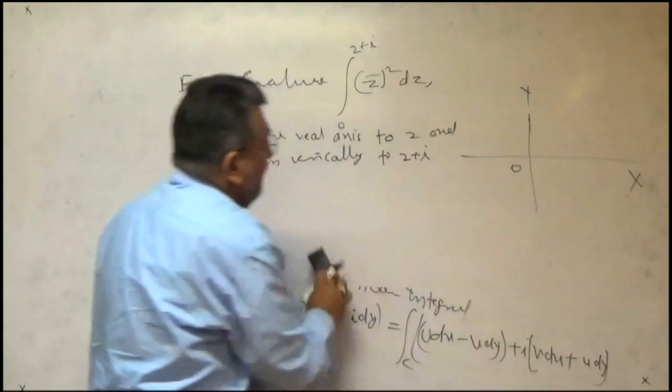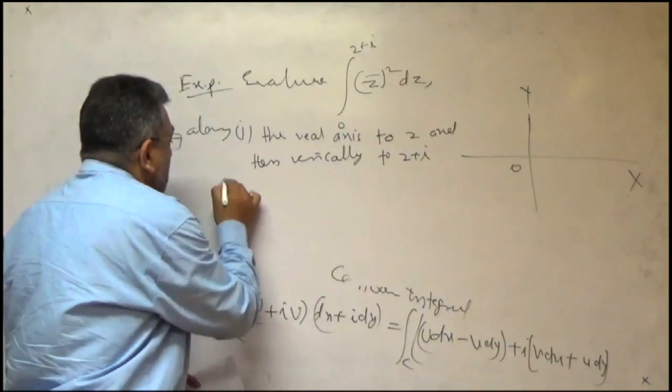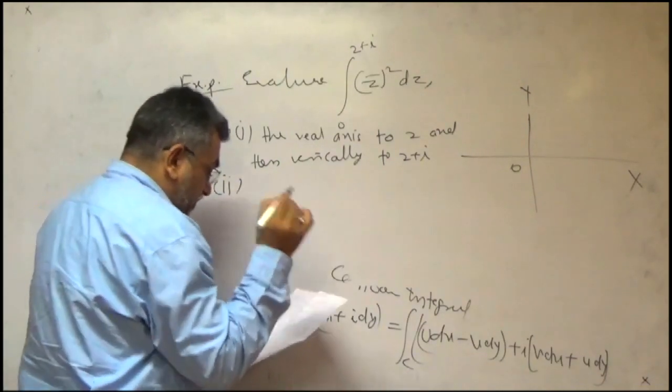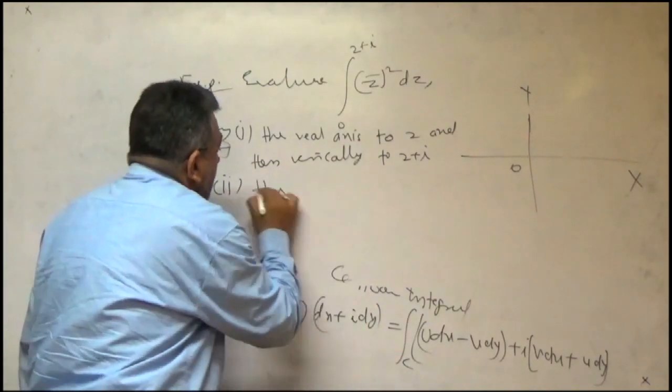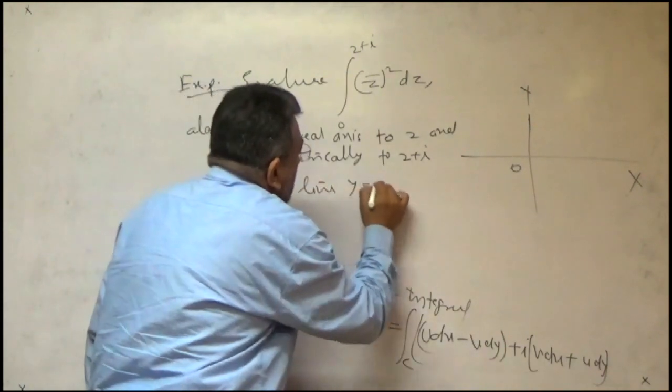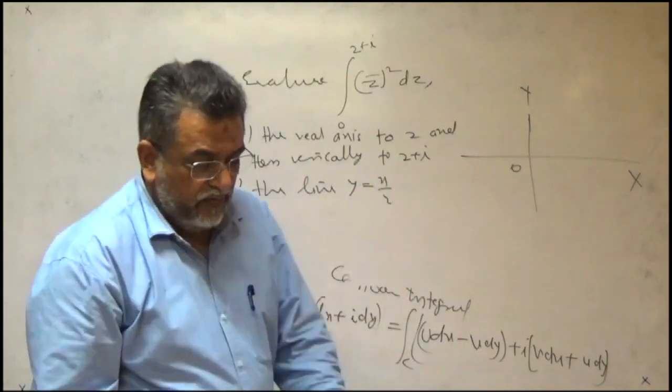This is the first part. And the second path, the line y equal to x/2.